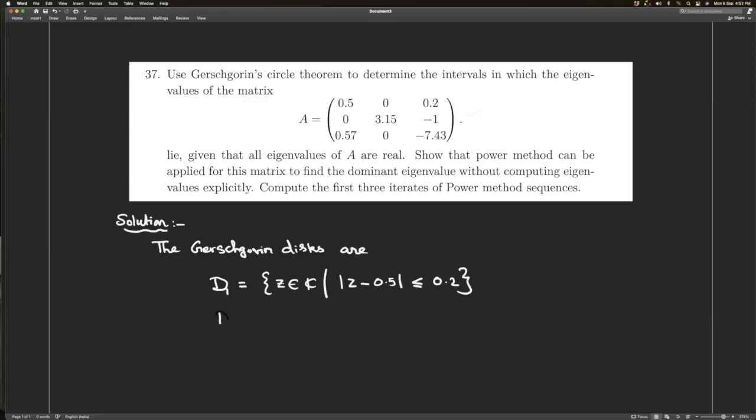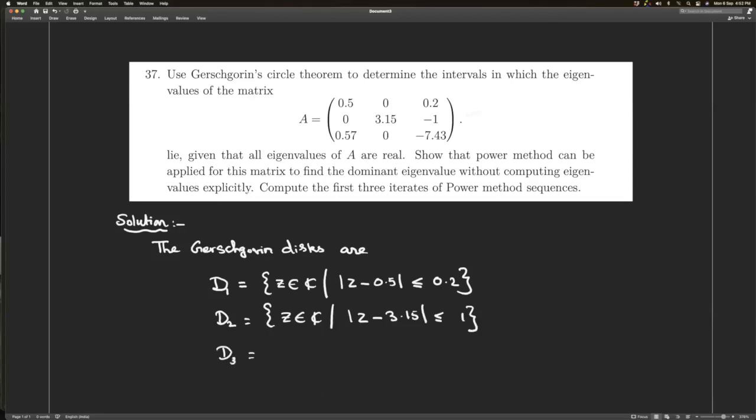The second disk, D2, is similarly obtained as the set of all z in C such that |z minus 3.15| is less than or equal to 1, right?